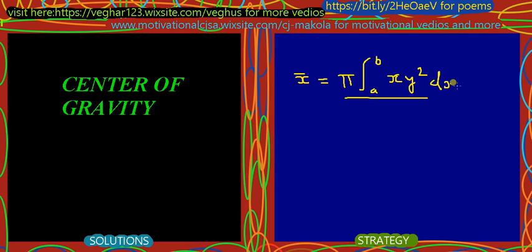The top part represents the moment, which is volume multiplied by distance, and the bottom one is the equation of a volume.